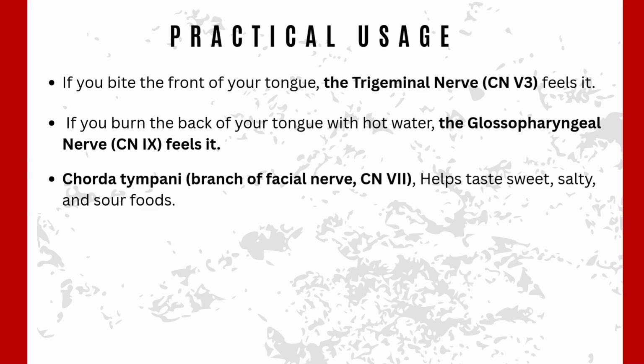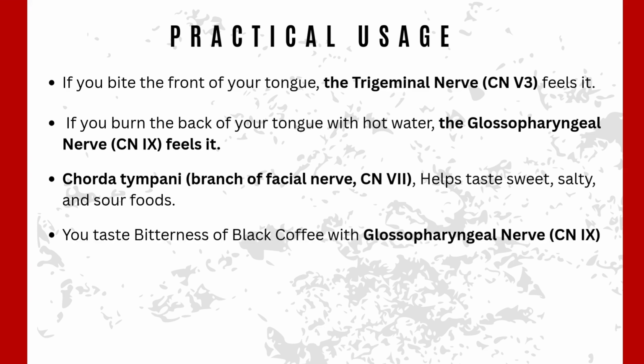If you're tasting sweet, salty, or sour food, it is the chorda tympani, the branch of the facial nerve CN7, which helps you enjoy flavors like candy, chips, and lemonade. Why does black coffee taste so bitter? It is again the glossopharyngeal nerve, that is the cranial nerve 9, which detects bitter flavors, making sure you know that your coffee is strong.